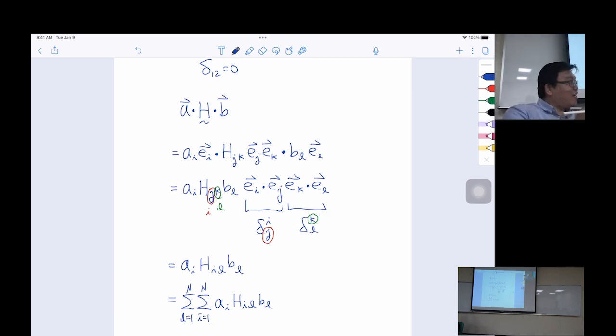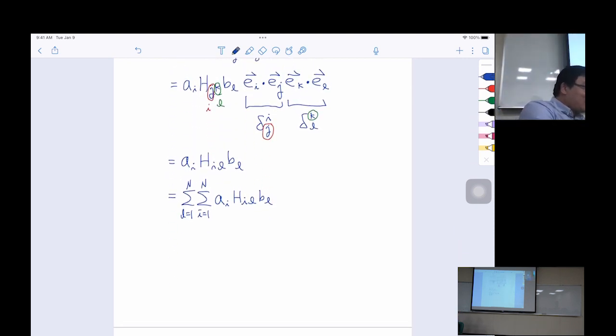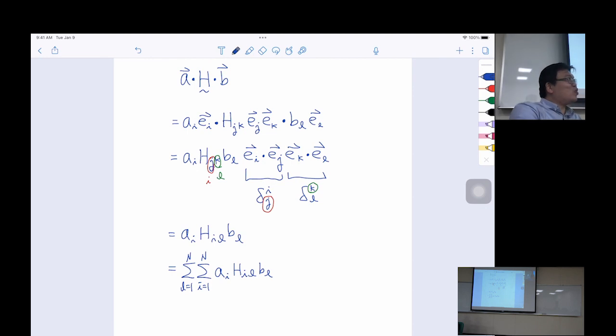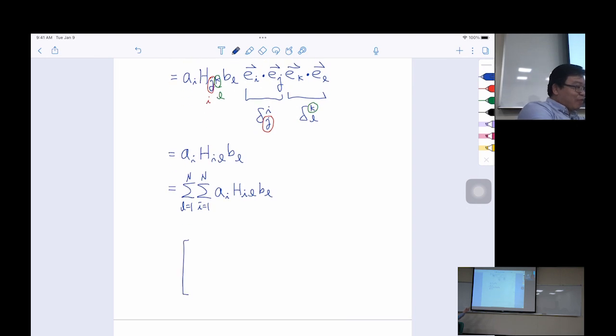Because in the past, what you needed to do was truly do matrix multiplication. A is a vector, A1 to An, dot, H is a matrix, H11, H12, and so on, dot, B1 to Bn, right?